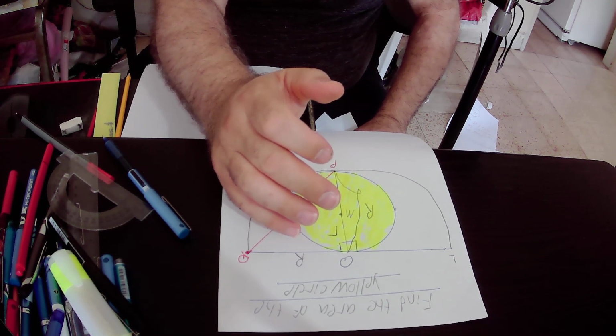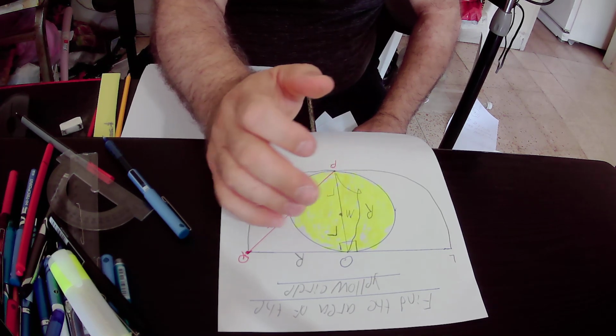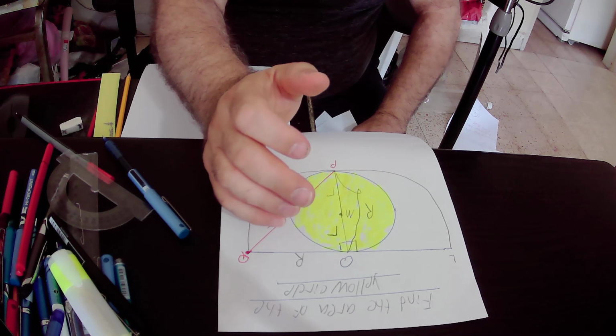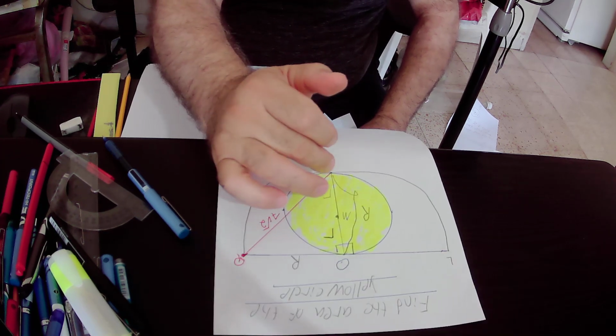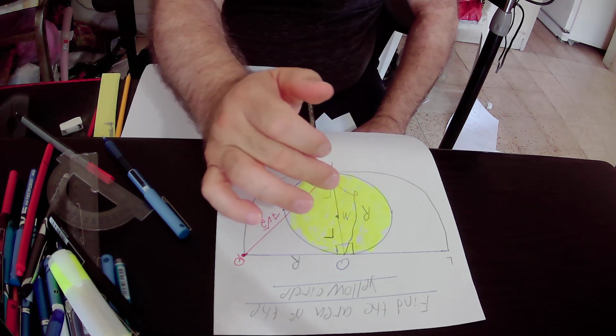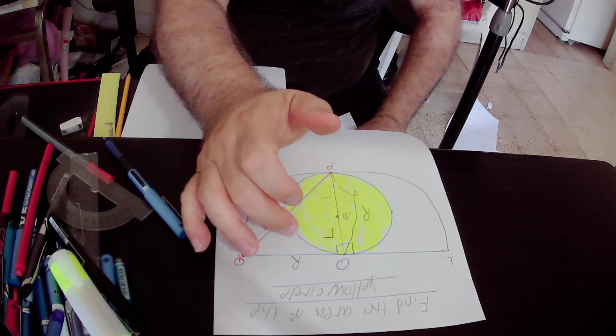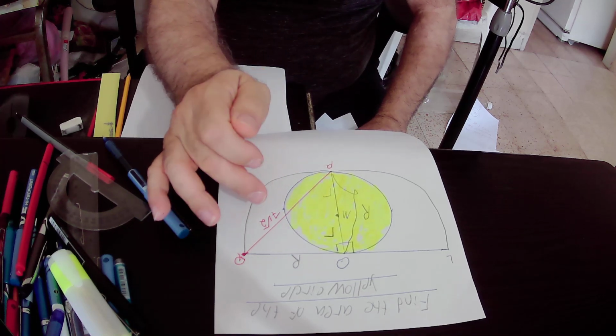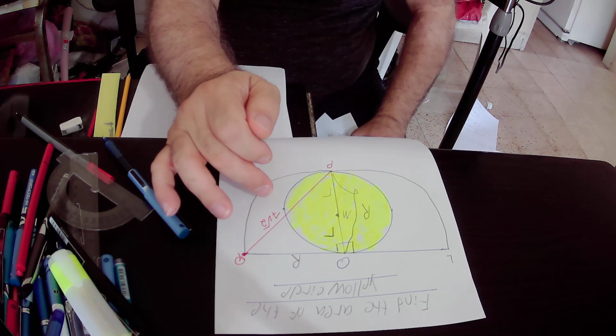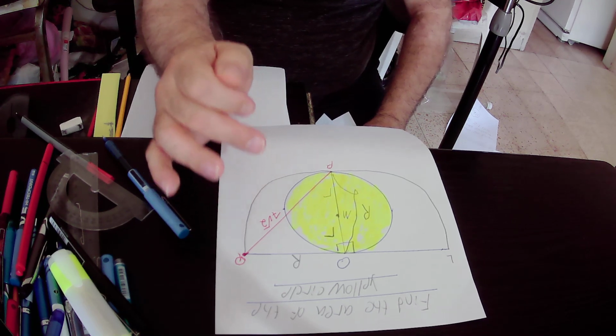So capital R, or OP, is the radius of the semicircle. PO is the radius of the semicircle, and also OQ is the radius of the semicircle. And we know that PQ equals 7 times root 2.